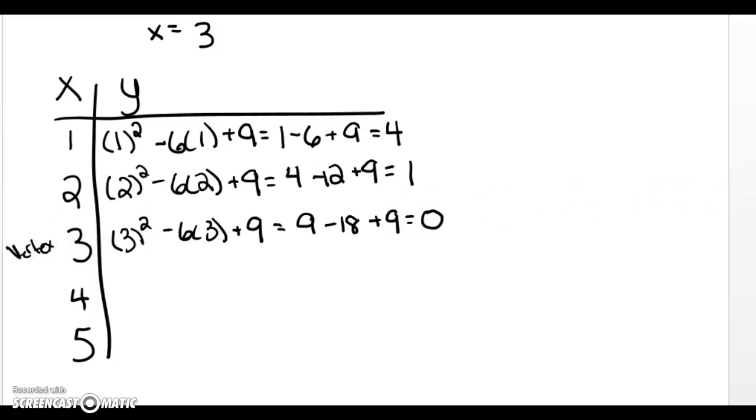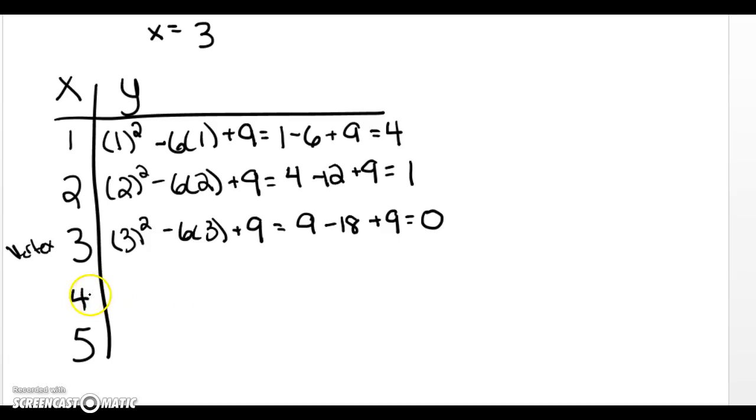So just remember, from here on out, the rest of those points should mirror after that vertex. So our next value here, 4, should give us positive 1 if we did our work right. Same with 5. 5 should give us that mirrored value, which is going to be 4. But make sure you do the math to make sure you didn't make any errors.